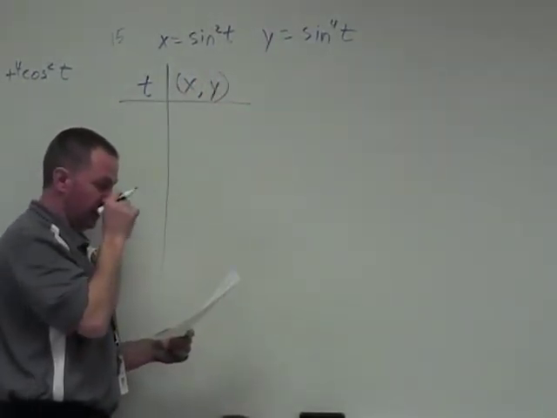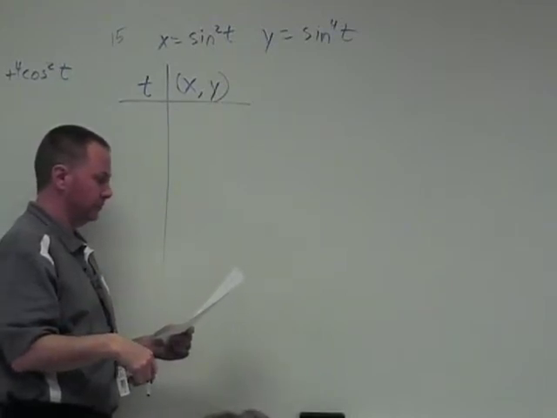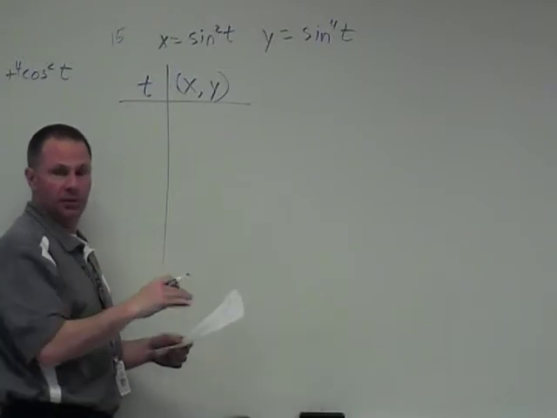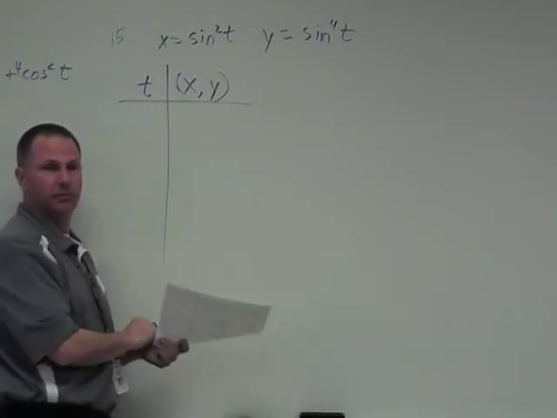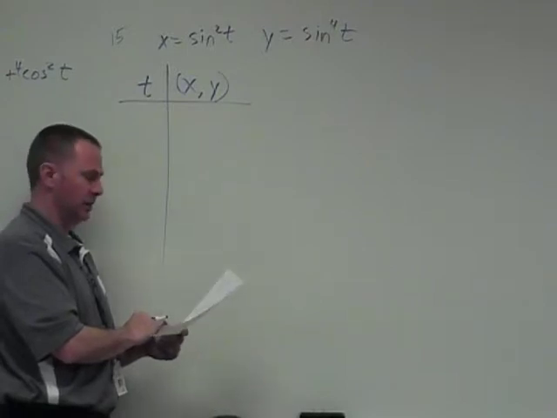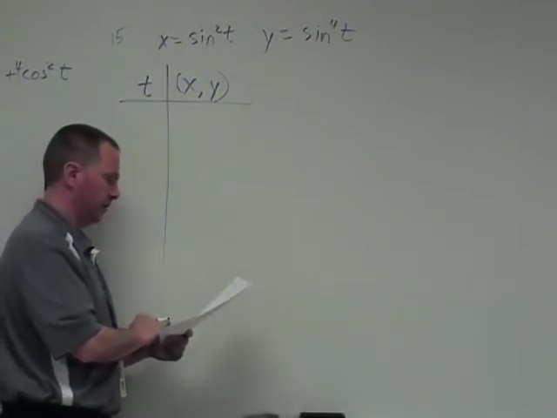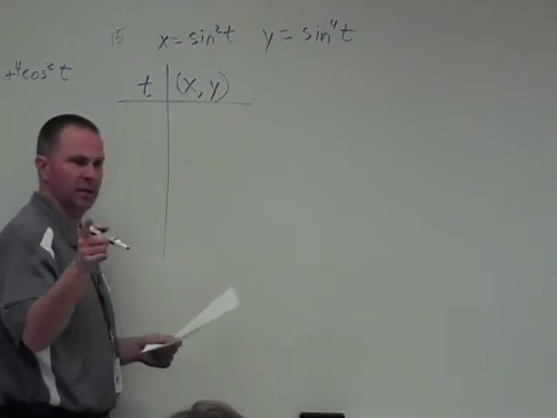Do we have anything about t? Is there any parameters I didn't write down, like 0 to pi, or was it 0 to 2 pi? May just be 0 to pi or 2 pi. Somebody check that for me real quick.